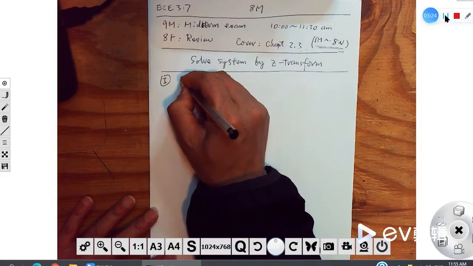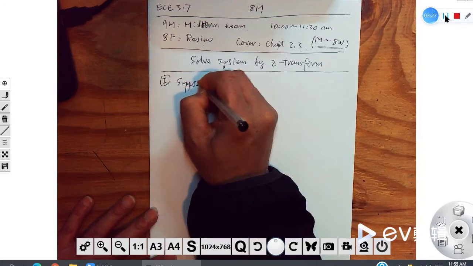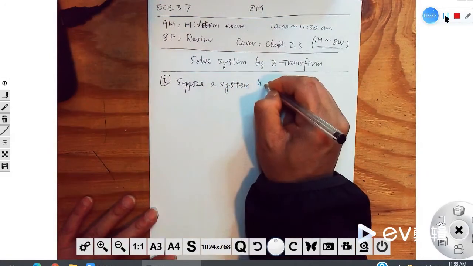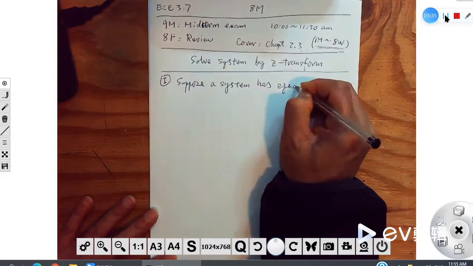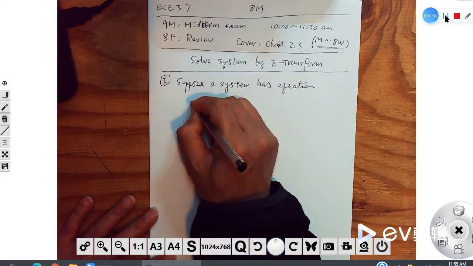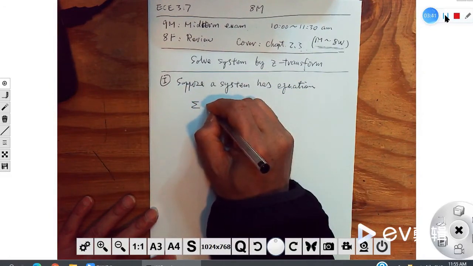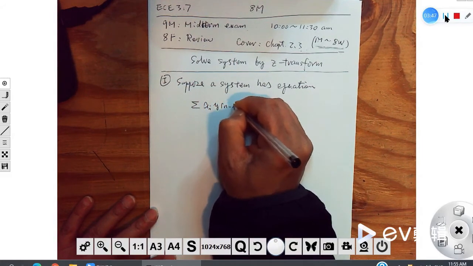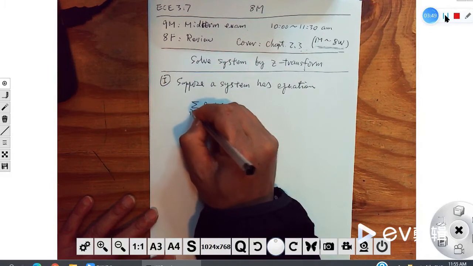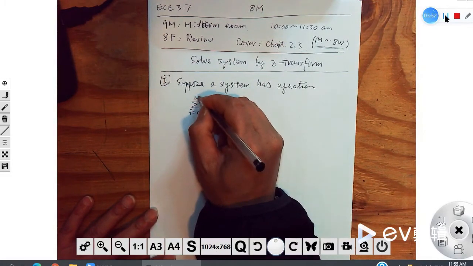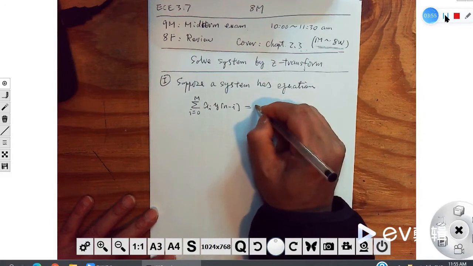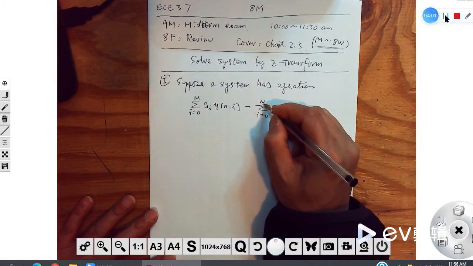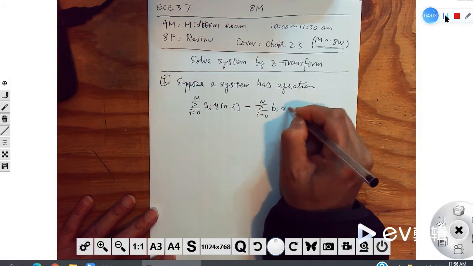Okay, we consider a system. Suppose a system has an equation which is a summation of some terms: a_i times y of n minus i, the delay of the output, where i runs from 0 to M, and M depends on the problem. And here i runs from 0 to N, also depending on the problem, there will be b_i times x of n minus i.